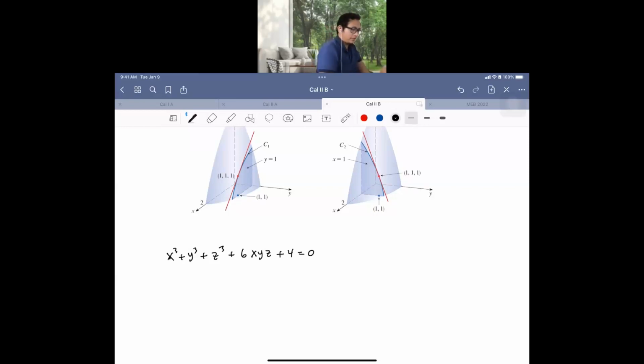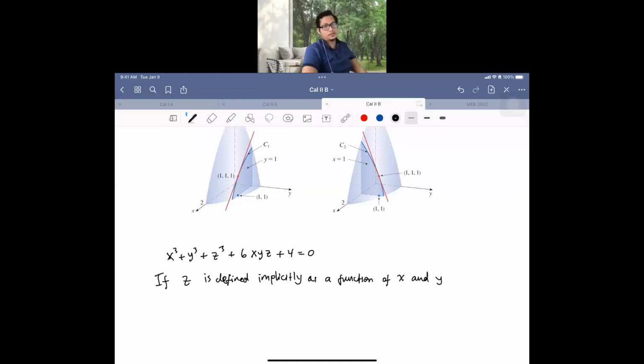If z is defined implicitly as a function of x and y, we can use implicit differentiation.